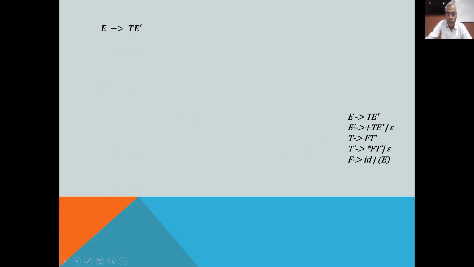Next production is E to T E dash, and this is a single production. So first of E equal to first of T, and it is a non-terminal. So by using the third rule of the above rules, we move to the first of T, and this T is present in the third production.